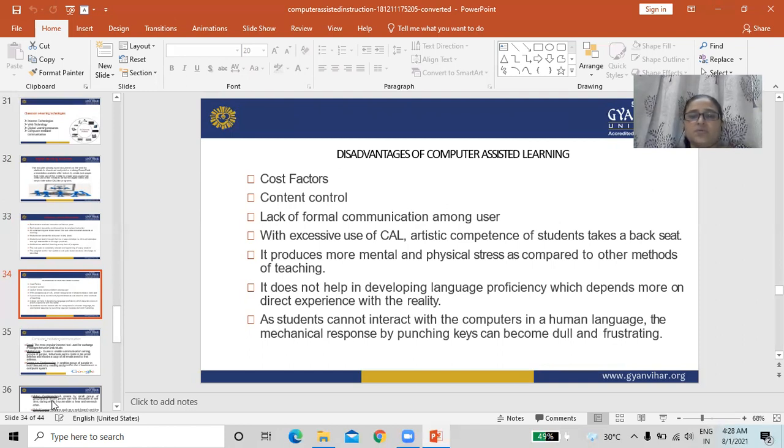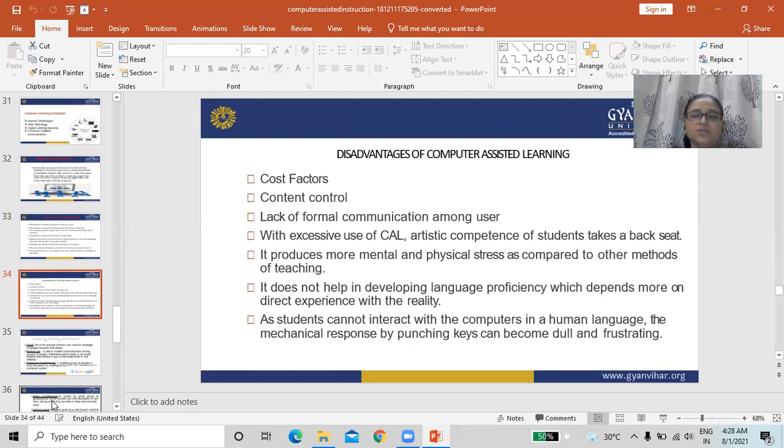the artistic competency of a student takes a big backseat. It produces more mental and physical stress as compared to other methods of learning or teaching.